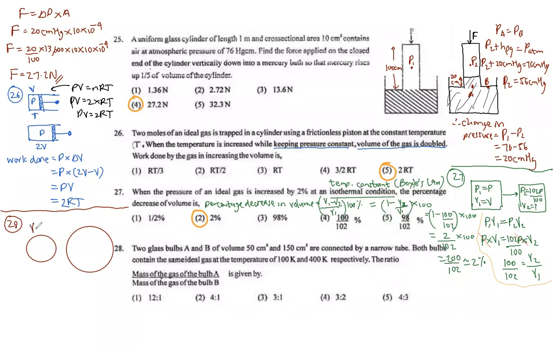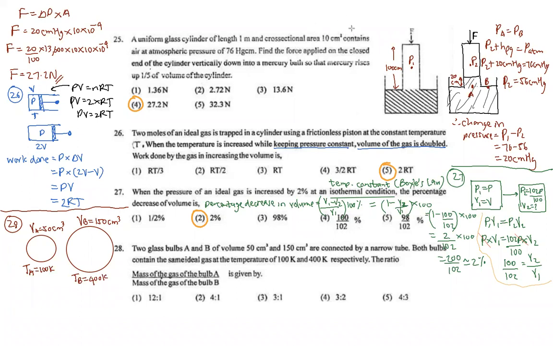Volume of A is equal to 50, volume of B is equal to 150, in centimeter cube, and the temperatures are also given. Temperature in A is equal to 100 Kelvin and temperature in B is equal to 400 Kelvin. They are connected by a narrow tube.